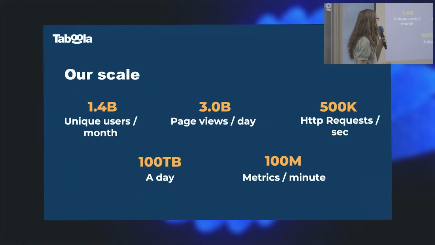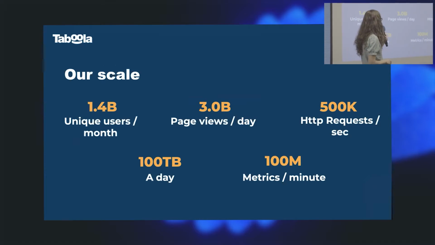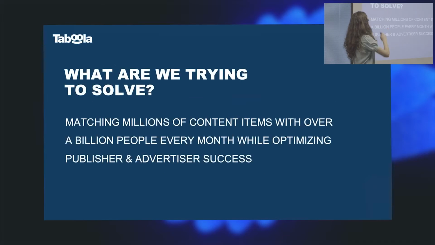Okay, so we have a huge scale. We have 1.4 billion unique users per month. We have over 3 billion page views per day and over 500,000 HTTP requests per second. And the problem that we are trying to solve is how to match millions of content items with over a billion people every month.